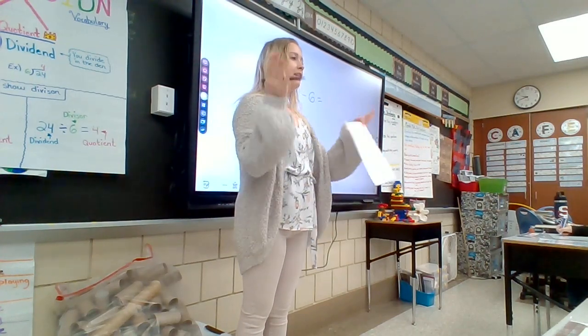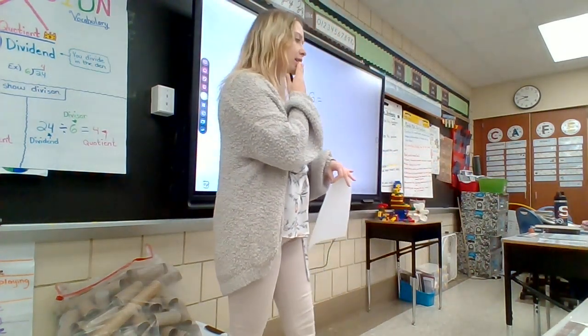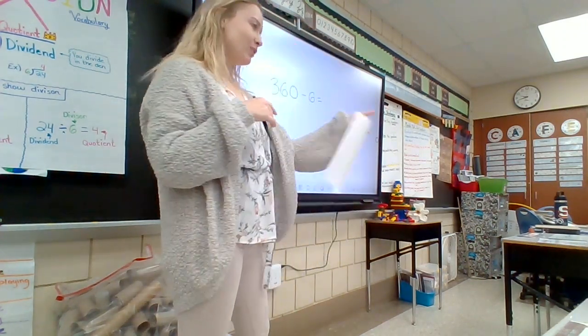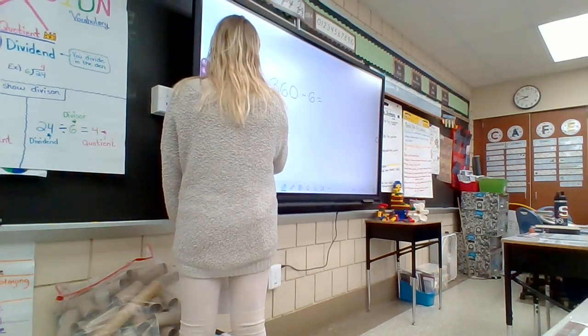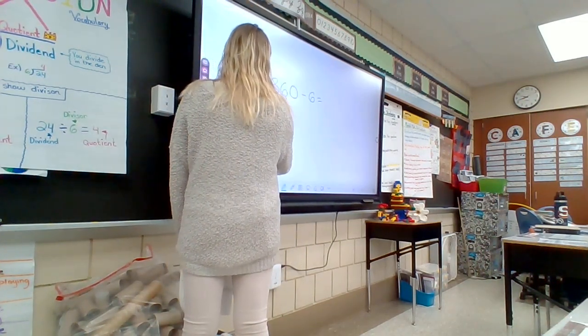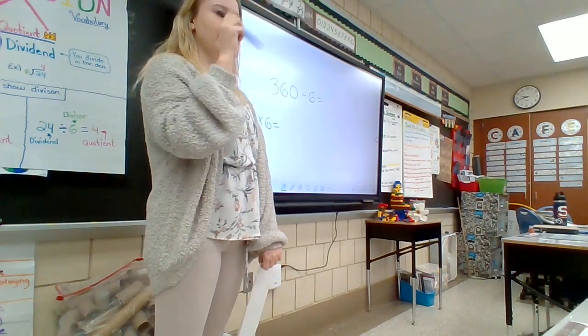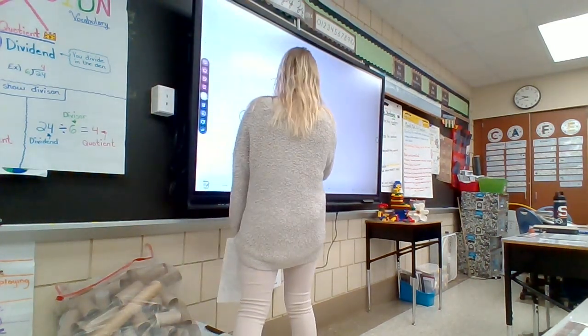Okay, guys, come back to me. Eyes and ears. Okay, we're gonna make sure you get it. Remember how if we wanted to multiply 60 times 6, what will we do first? 6 times 6. 6 times 6 is 36. And then what would you do?